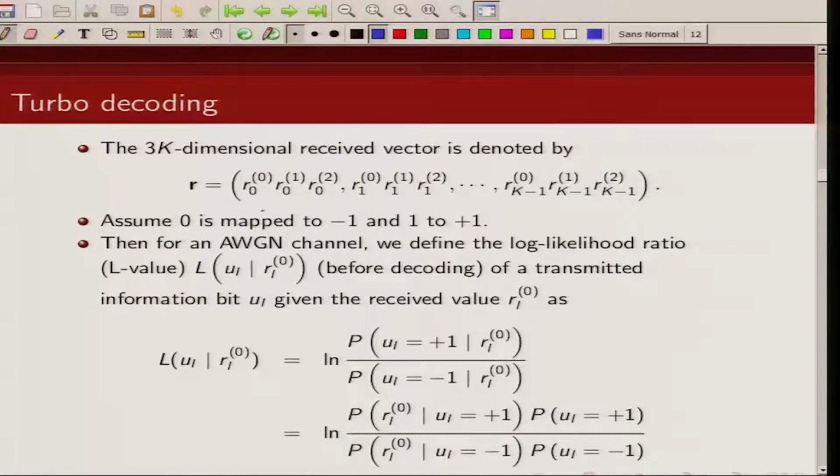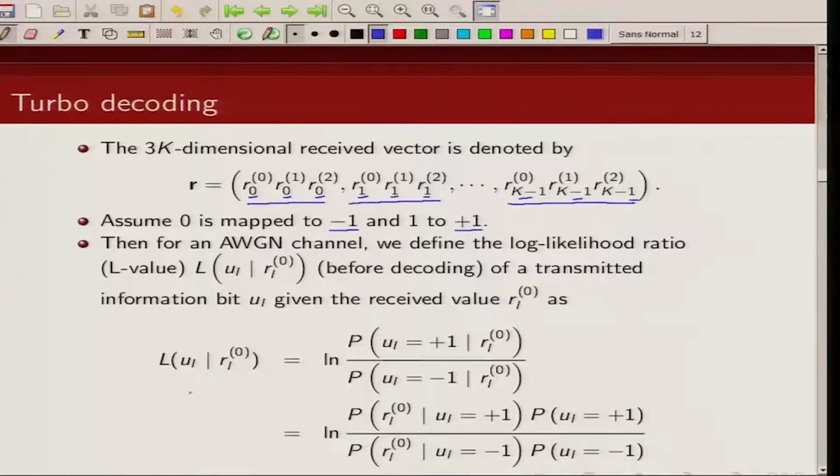At each time instance, this is my time index, time 0, time 1, up to time k minus 1, I am getting this 3-bit information, which is the information bit, the first parity bit and the second parity bit. Remember, this is a rate 1/3 code. So, if you have an information block of k, you will get 3k coded bits. 0 is mapped to -1 and 1 is mapped to +1.